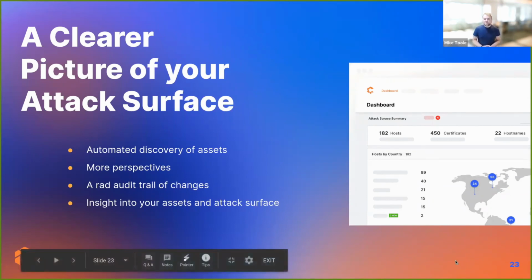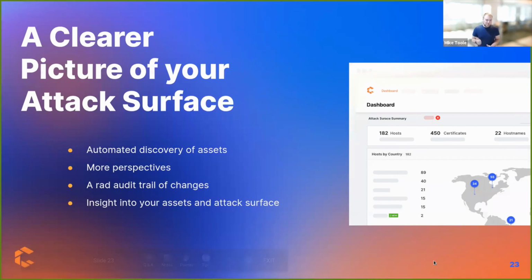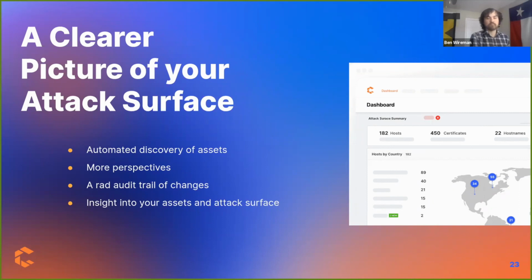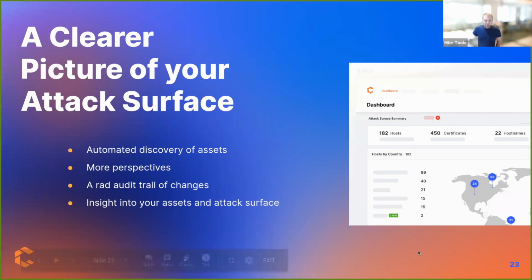So Ben talked earlier about scanning from multiple parts of the globe. I don't have to tell you that the internet looks different in different places. So that's honestly pretty huge. Our multiple perspectives and how we can fingerprint a host from all over the globe, it really just gives you a good insight into your assets and your full attack surface.